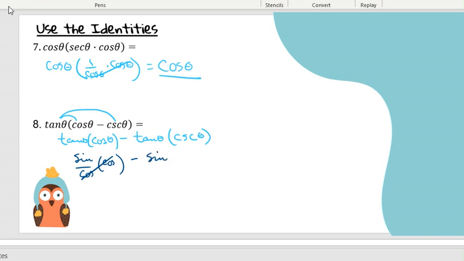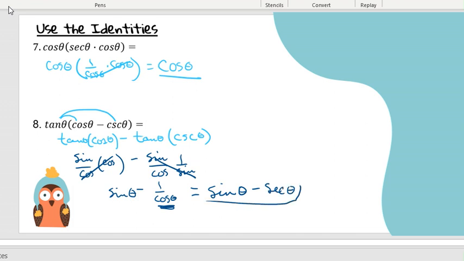Minus sine over cosine times 1 over sine. The sines cancel. That left me sine theta minus 1 over cosine theta, which I don't want to leave in a denominator. So I'm going to rewrite that as sine theta minus secant theta. And that is as small as it will go.